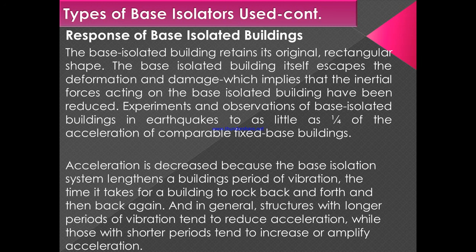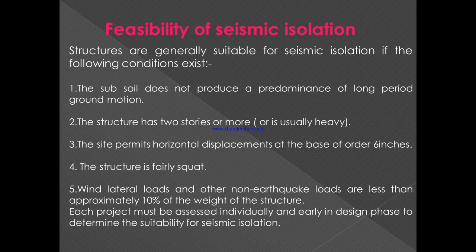The acceleration is decreased because the base isolation devices lengthen the building's time period of vibration, which is the time it takes for a building to rock back and forth and then back again. In general, structures with a longer period of vibration tend to reduce the acceleration, and those with a shorter period tend to amplify the accelerations. So these are the feasibility of the isolation.